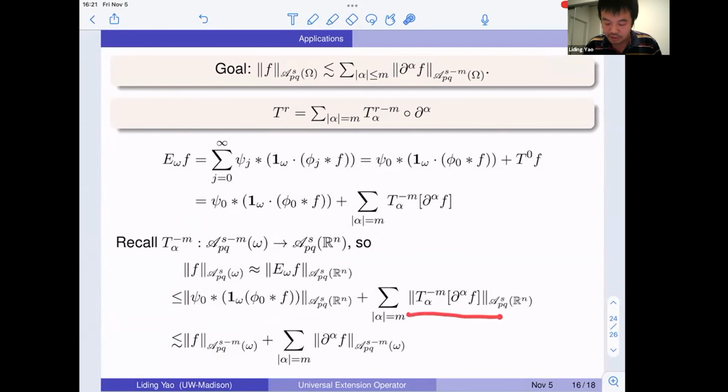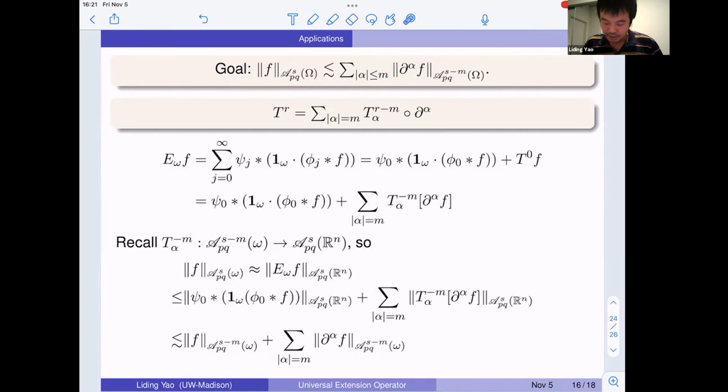So the A^{s}_{p,q} norm of this term is bounded by the A^{s-m}_{p,q} norm of the partial derivatives of f. So now the norm of f is bounded by the norm of its derivatives, which is the goal here. And that's basically how we prove this equivalent norm result.